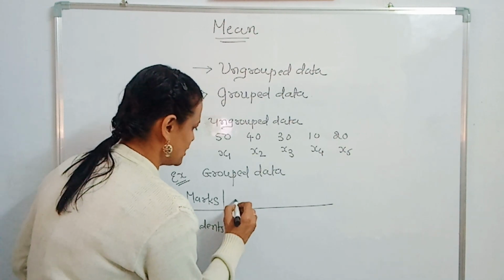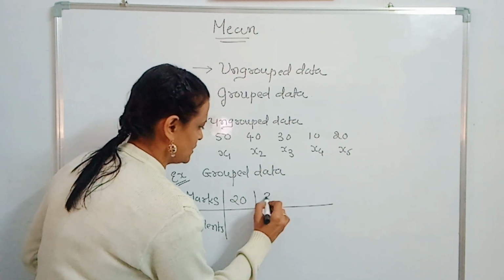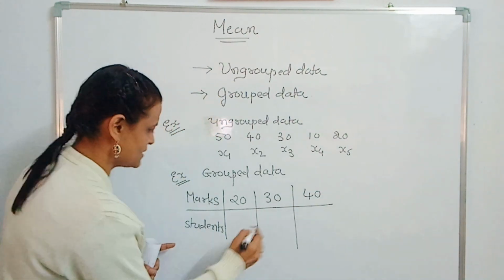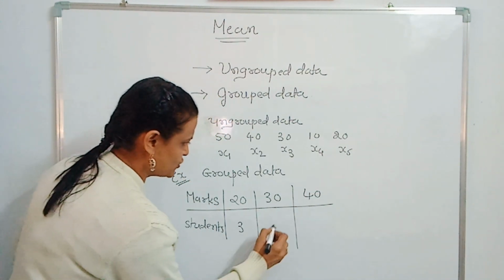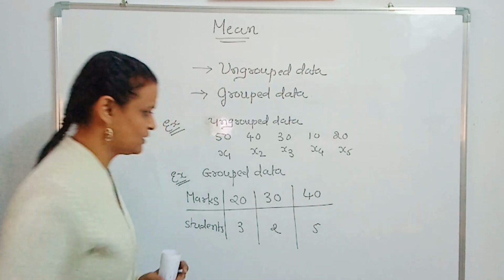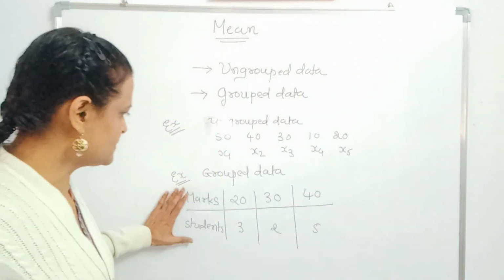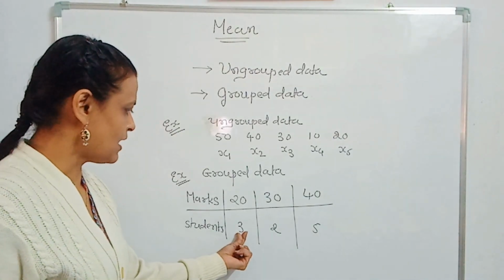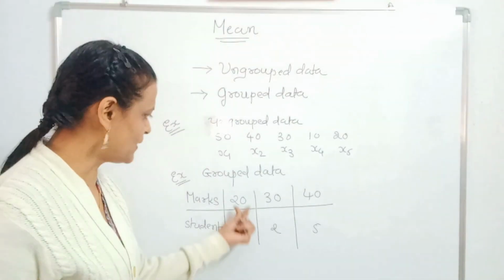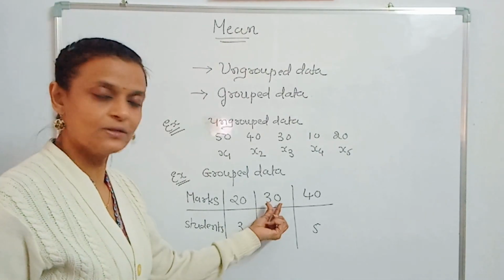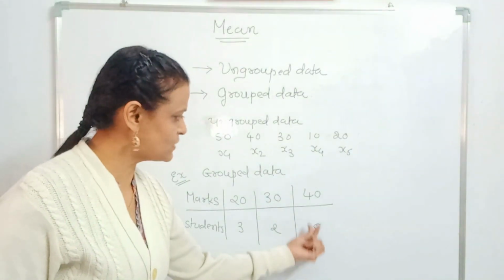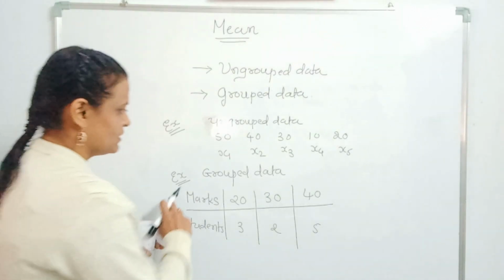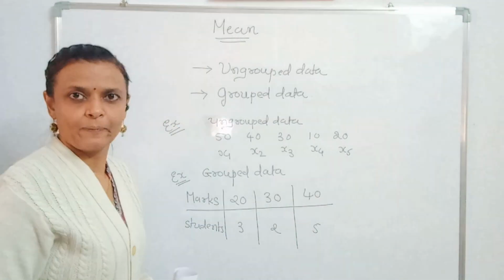Marks I am taking 20, 30, 40 and students 3, 2 and 5. So what is the meaning of this table? That 3 students have scored 20 marks, 2 students have scored 30 marks and 5 students have scored 40 marks. So this is called grouped data.